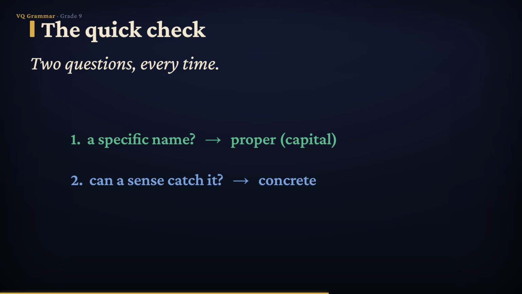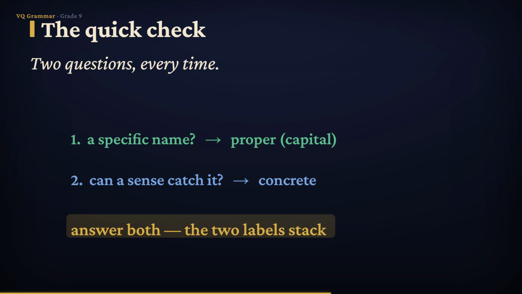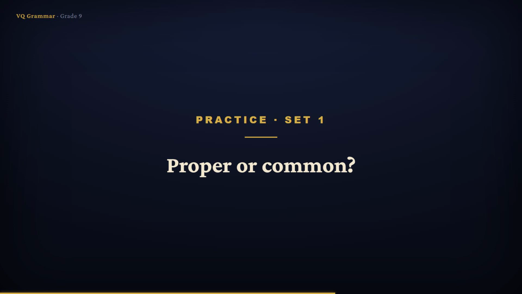Answer both and the two labels simply stack together. Let's try some out. In this first set, I'll give you a noun and you decide whether it's proper or common. Remember, a proper noun names one specific thing and gets a capital letter. Pause the video and try each on your own before I reveal the answer.